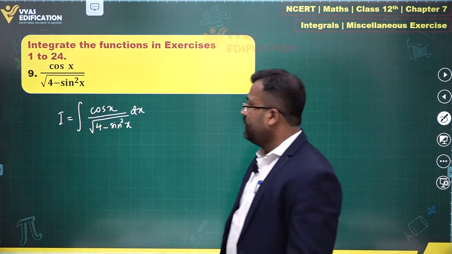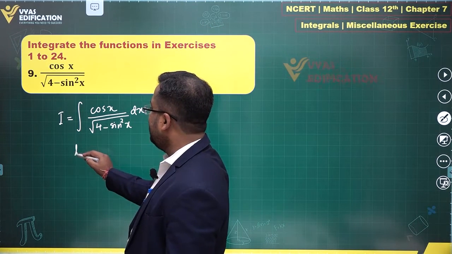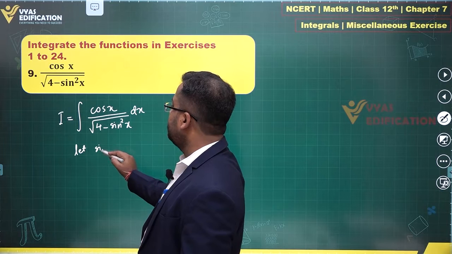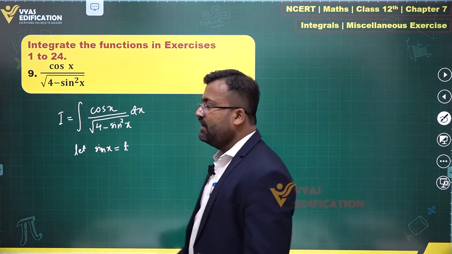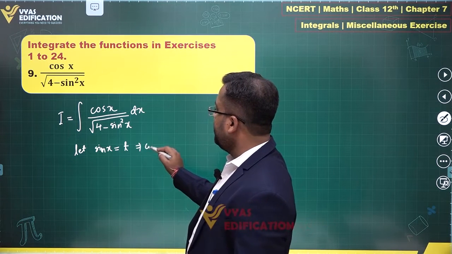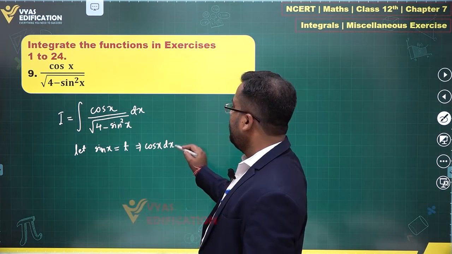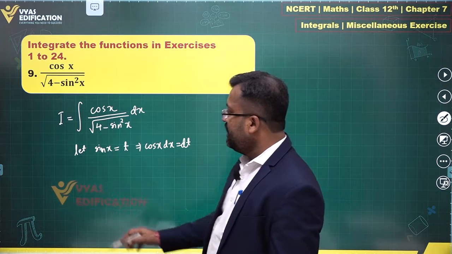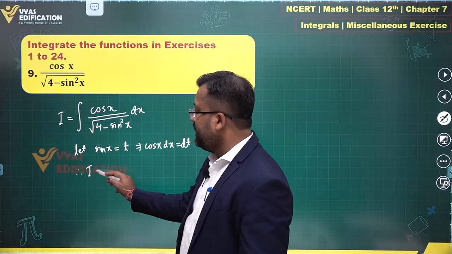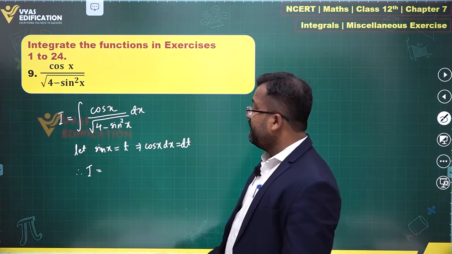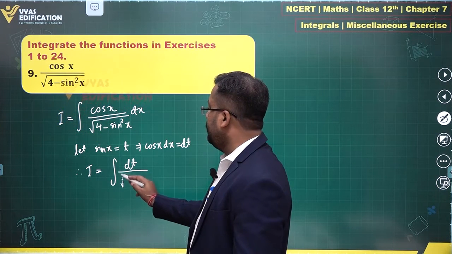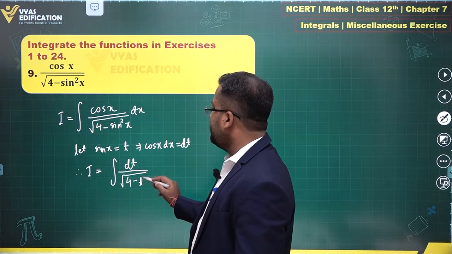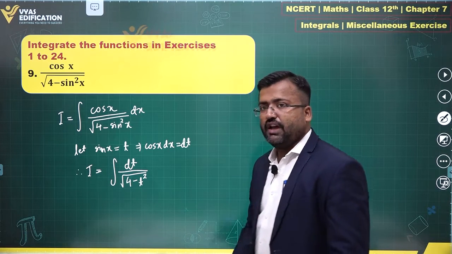Let sin x be equal to t. That's the substitution that we will make. If sin x equals t, that implies cos x dx will be equal to dt, and therefore integral I will be equal to what? The numerator will have cos x dx, which is actually equal to dt upon under root of 4 minus sin square, which is t square. This is what you have.